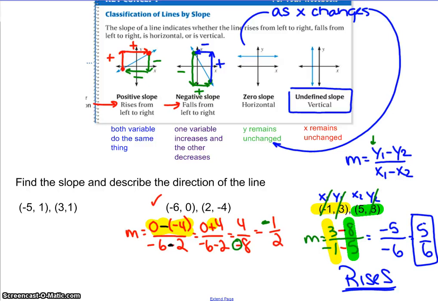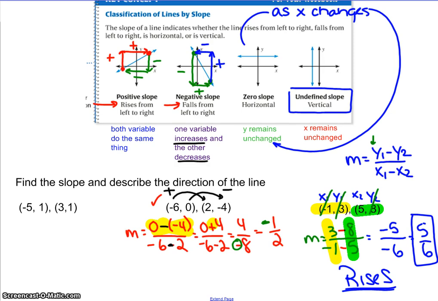Now, here's something else I found. If I want to estimate what kind of slope I'm going to get, I'm actually going to go back to the middle one since we've already done that. If I look at what happens with my x values, from -6 to 2, I increased. From 0 to -4, I decreased.